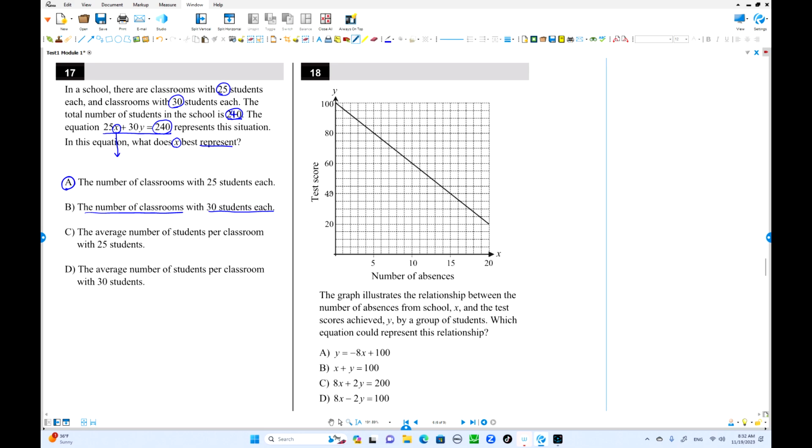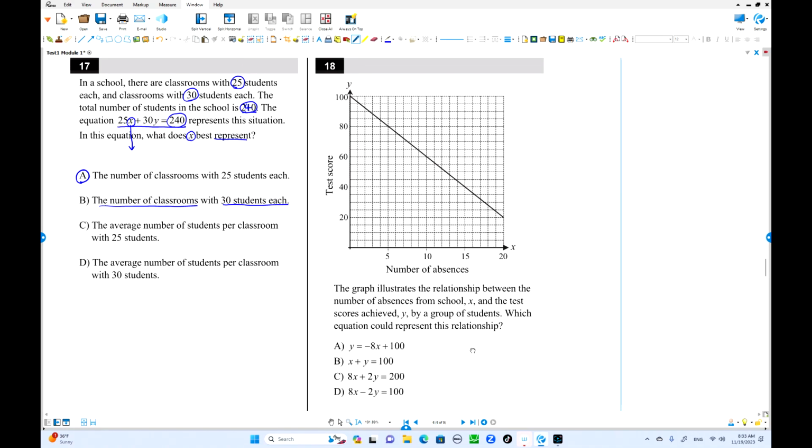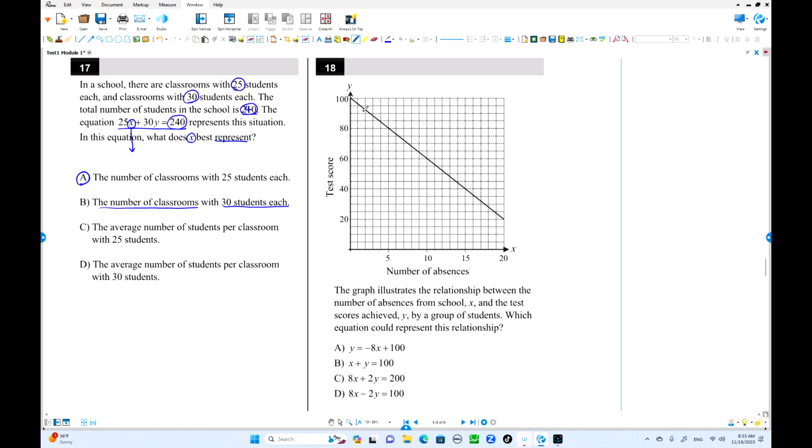Increase. Test score going down. Yeah, that is true, I think. Not 100% true, okay? But anyway, according to this graph, it's going down again. Which equation could represent the relation?